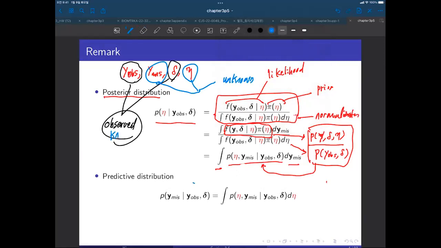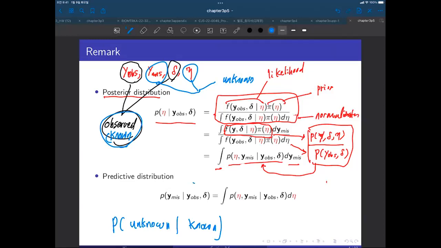So we put the unknown on the left side, which is y miss and eta, and put the known on the right side, which is y observed and delta, right?